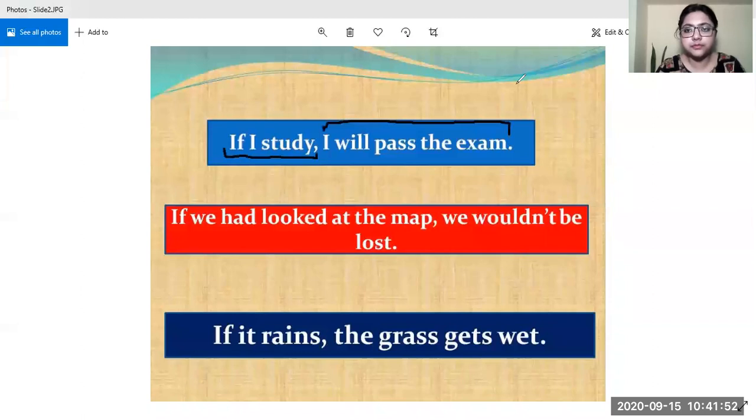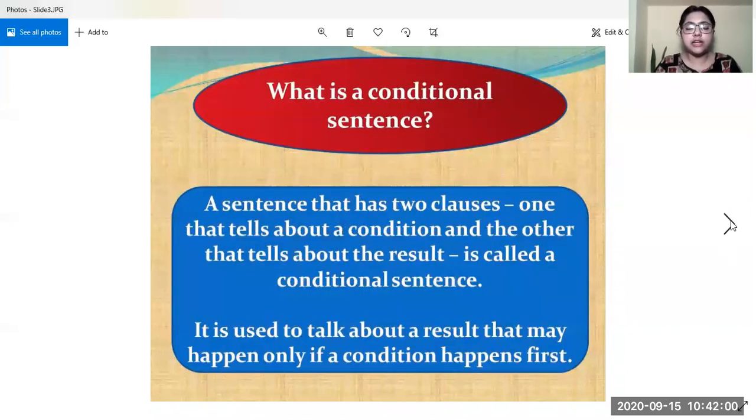Therefore it is known as a conditional sentence because it contains the condition.